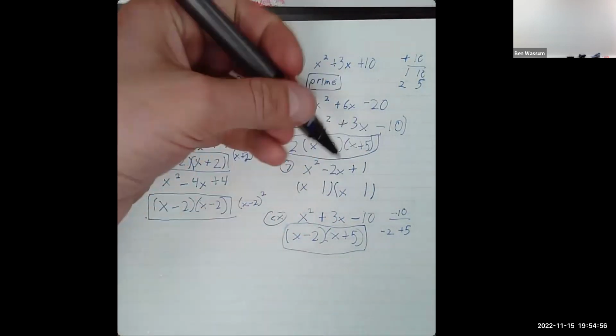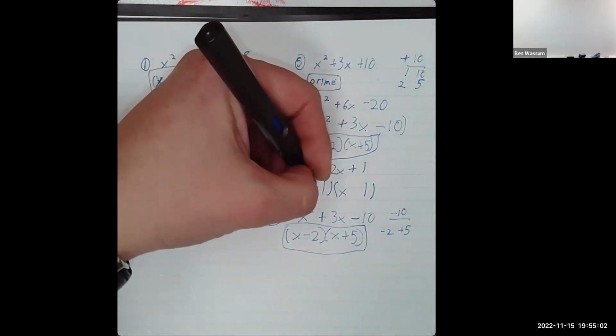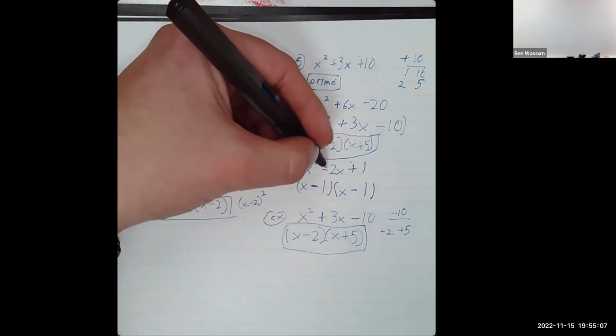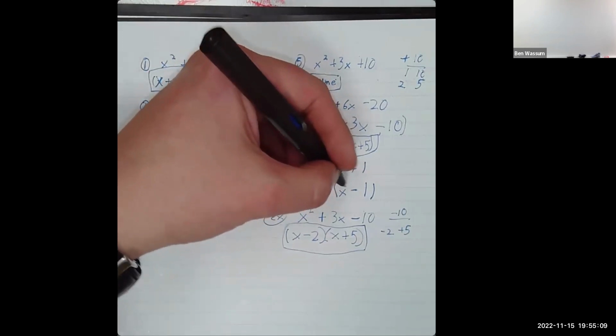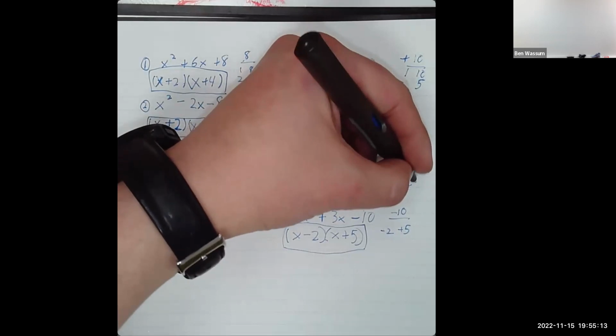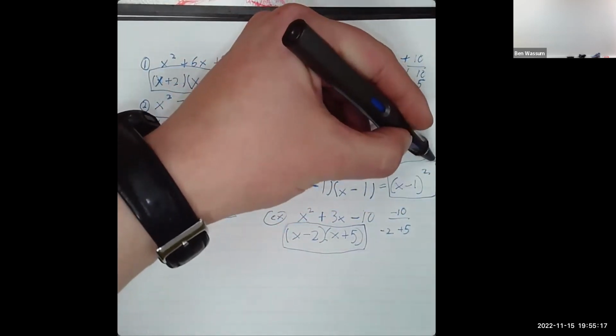Can I get these to multiply to a positive 1 but add to a -2? Yes. Both of these signs would have to be the same to get a plus right here. But to get a minus right here, they both have to be negatives. This guy would be x minus 1 squared, because we have that one term twice.